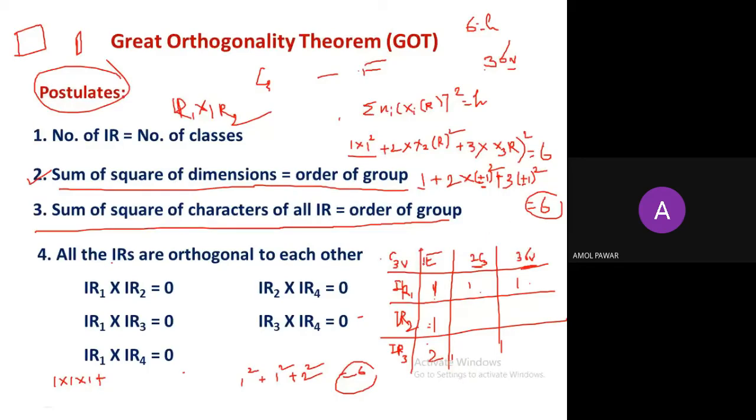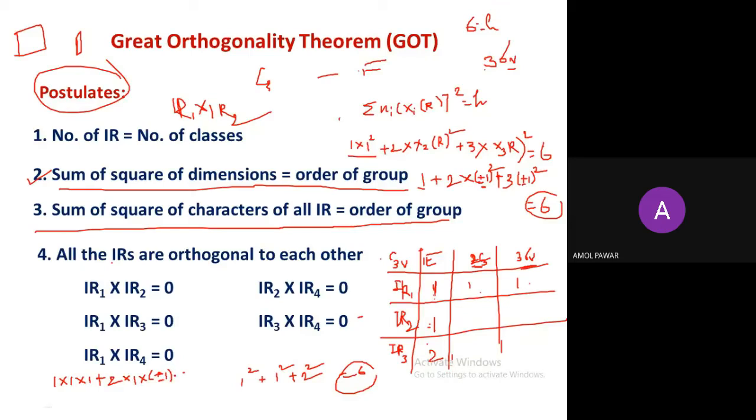This 1 into 1 into 1, plus, now this 2 of C3 into 1 of IR1 into plus 1 or minus 1, that we have to decide.